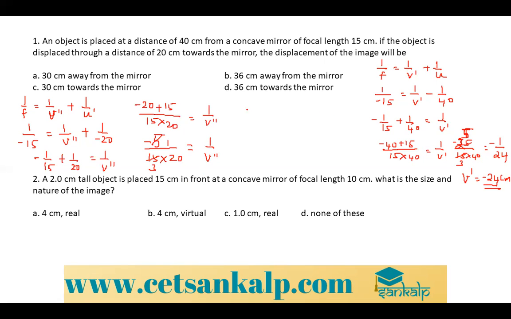So I can write v double dash is equal to minus 60 centimeter. Hence, the image will be shifted away from the mirror by 60 minus 24 is equal to 36 centimeter. So the answer is 36 centimeter away from the mirror.